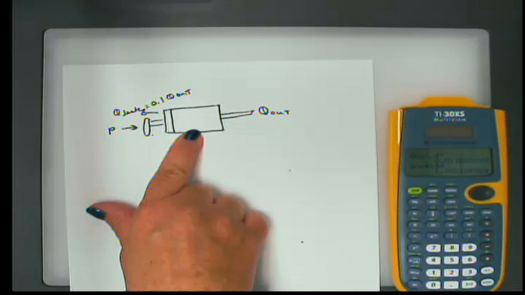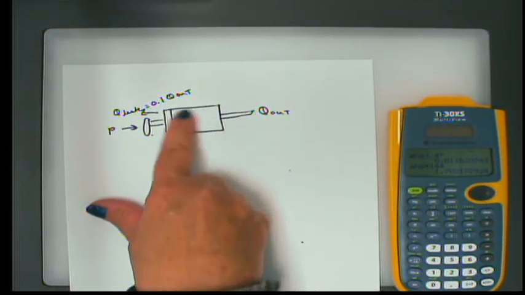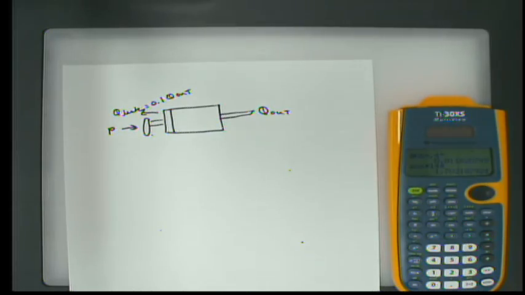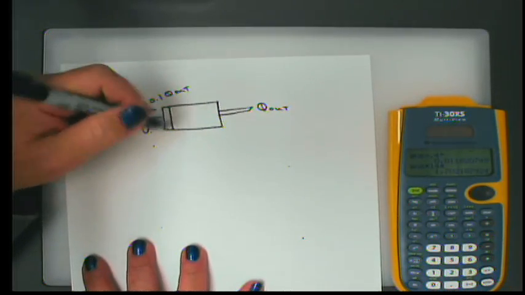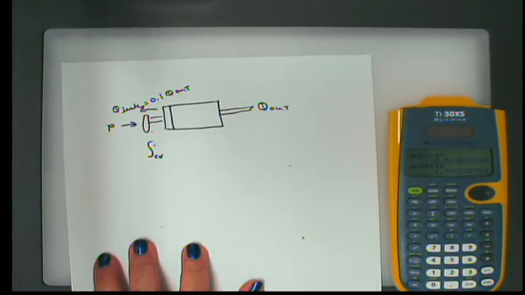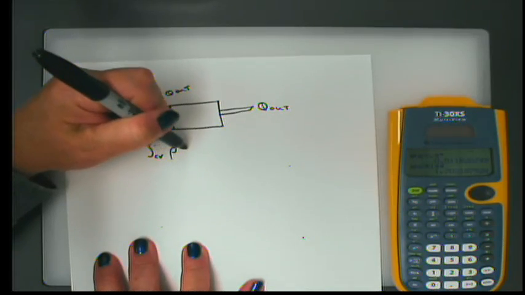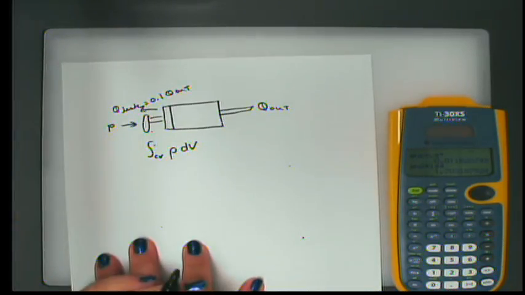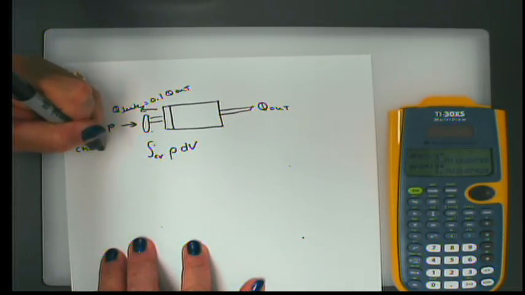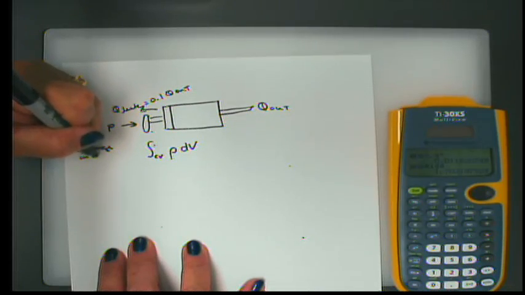So what's going on in the control volume? We are losing mass in the control volume this time, aren't we? All right, so if we are losing mass in the control volume, we have to take that into account. So the change of mass, density times this differential volume in the control volume. Let me write this out here. This is the change in mass in the control volume.